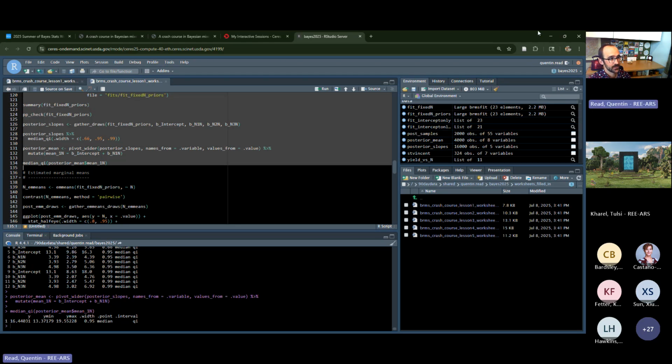Are you in the Bayes 2025 project? You will need to go up here to the upper right and open that Bayes project. If it says project none, then are you in the Bayes project, Cameron? Yeah, I thought it was saying it was, but I can open the project again. Yeah, try to open it again, and maybe when it restarts that session, it will set the path. See if that works.